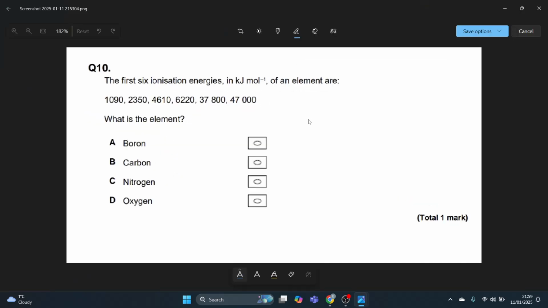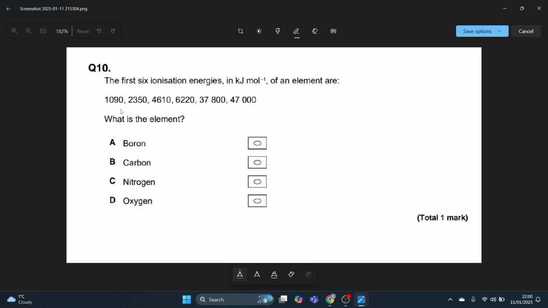Question 10. The first 6 ionization energies in kilojoules mole to the power minus 1 of an element are given. What is the element? Sometimes it shows you as a graph. It's a 1 marker question. Sometimes it just gives you the data. In this case, first 6 ionization energies. What you need to look for is where there's a massive jump in ionization energy.